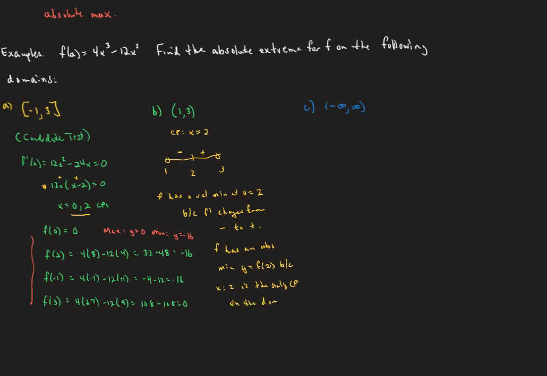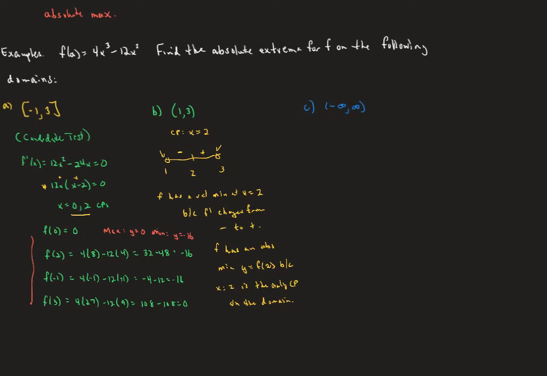I know that's a lot to say, but that's what you're going to have to do. Now, there is no absolute maximum there because the largest value is going to occur as we approach one of those endpoints. It doesn't matter which one because it's not going to be an actual value there. So there is no absolute maximum.